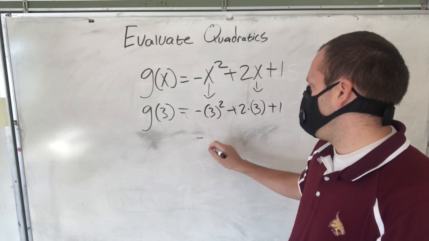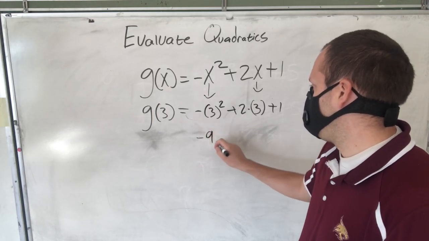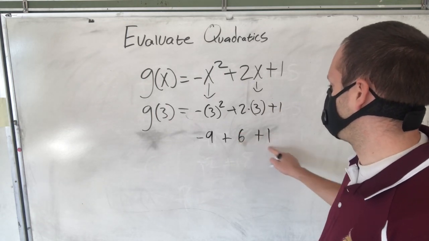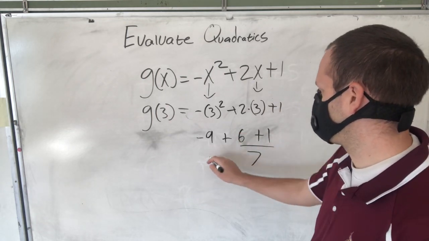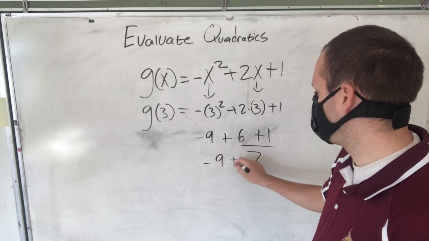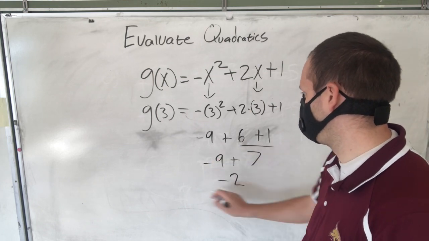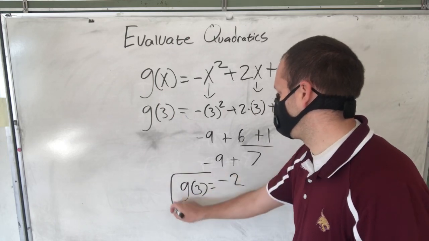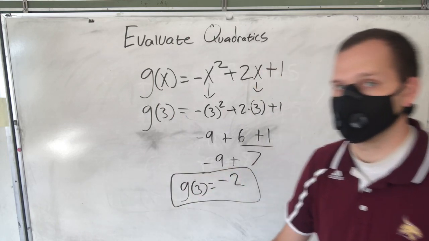So we've got negative 9 plus 6 plus 1. Well, that's 7. Negative 9 plus 7 is negative 2. So g of 3 is negative 2. Okay?